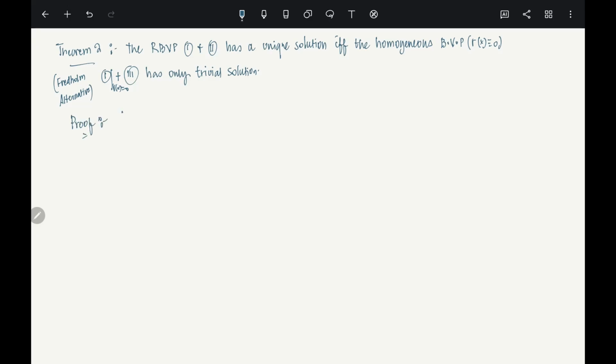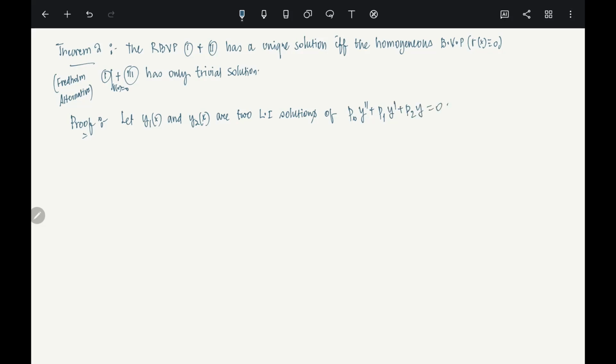What is the proof? Let y1 of x and y2 of x be two linearly independent solutions of this equation, p naught y double prime plus p1 y prime plus p2 y equals 0. Because we are dealing with so many equations, it is getting confusing, so let's take this equation.